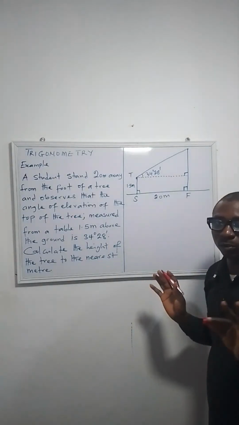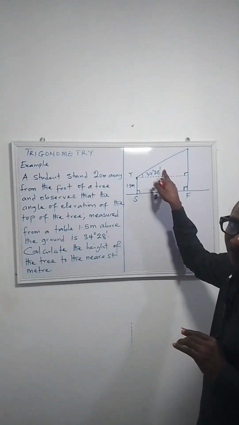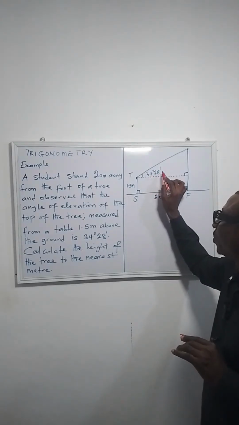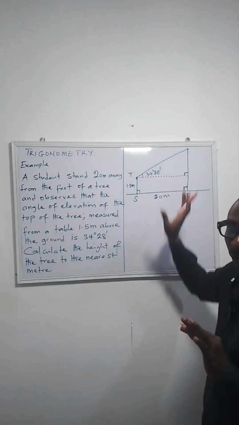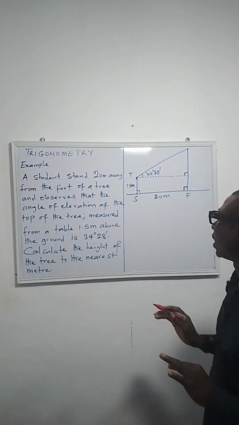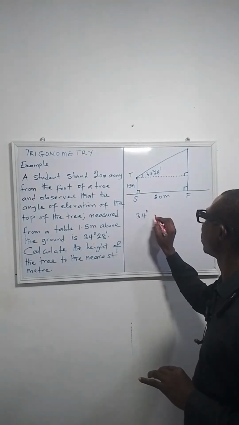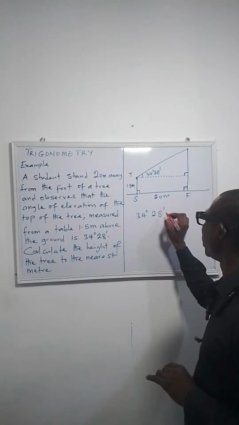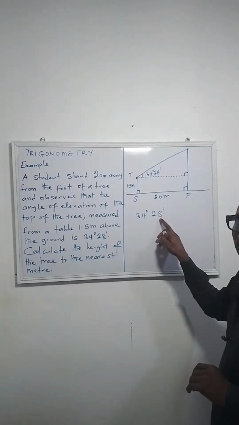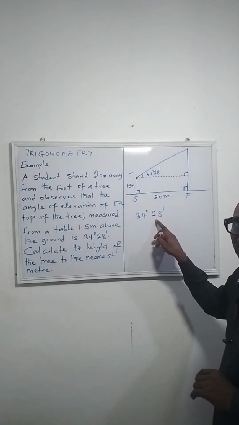Now, the first thing we need to settle is the angle we have here. You have 34 degrees 28 minutes, so you need to convert this to complete degrees. How do you do that? Now, to convert the minutes to degrees, you have to divide by 60.